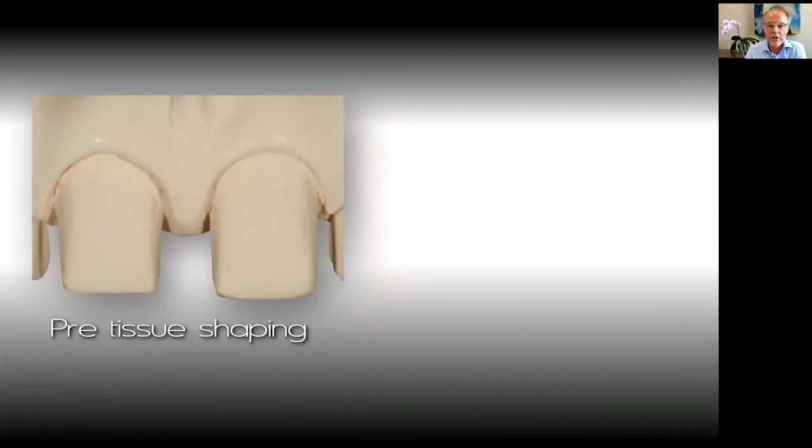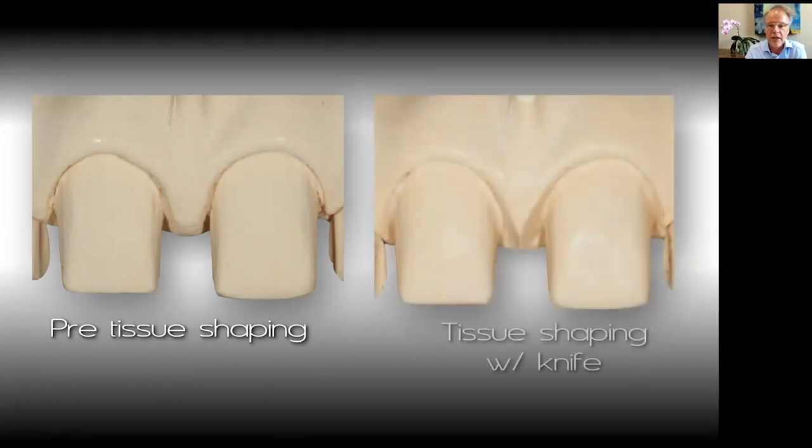So another example of before the stone cast is managed for shaping of the soft tissue. Then I use a barred Parker blade and scrape the stone away. So you can see it is a hard stone cast. It is not a soft tissue material like we do in implant dentistry.